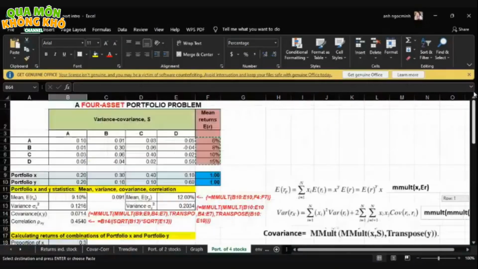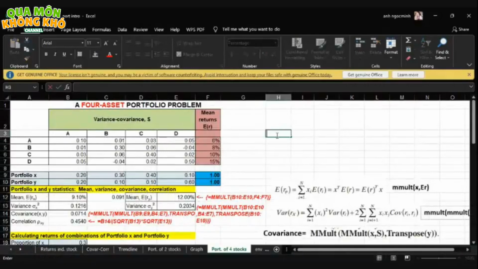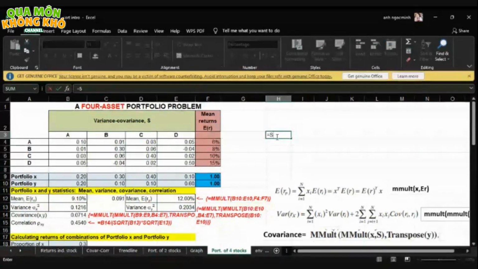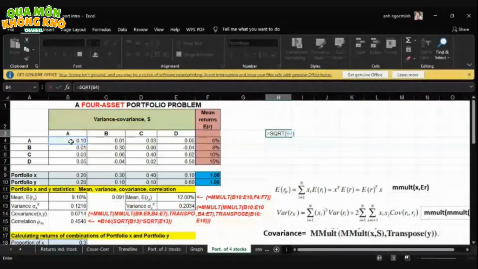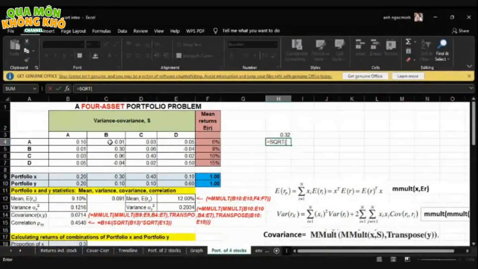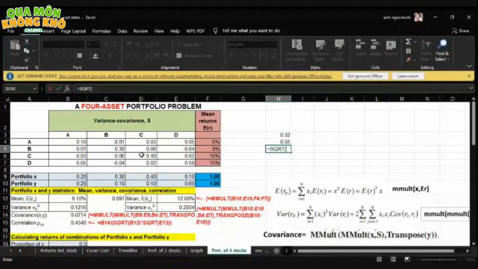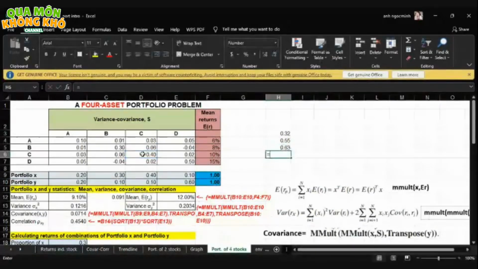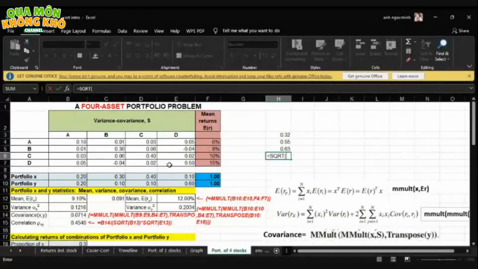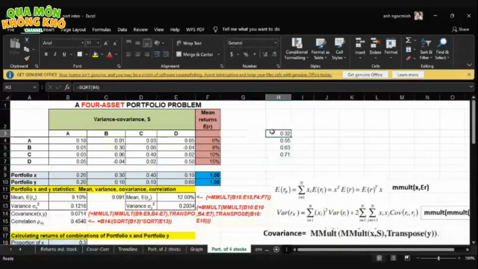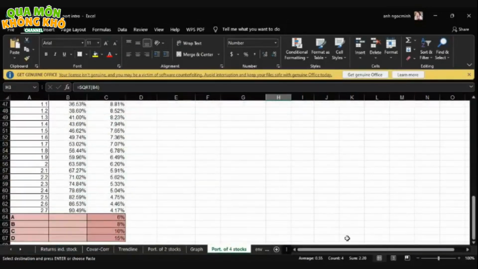And the standard deviation of A is the square root of the variance, square root of variance B, square root of C, square root of D. So type this.